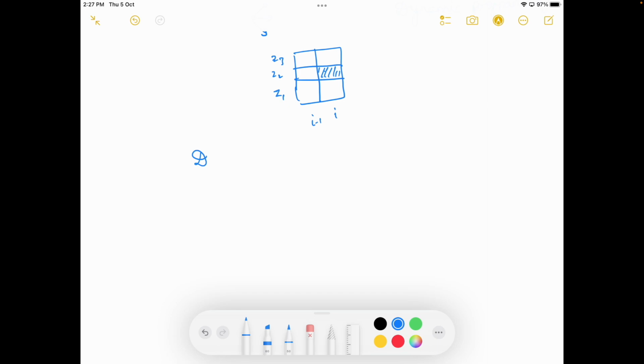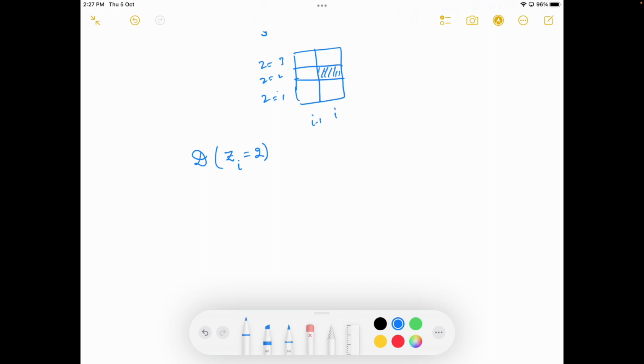So D means the score, or the best path, to reach zi equal to 2, which means at the ith instant I am at the 2nd state.